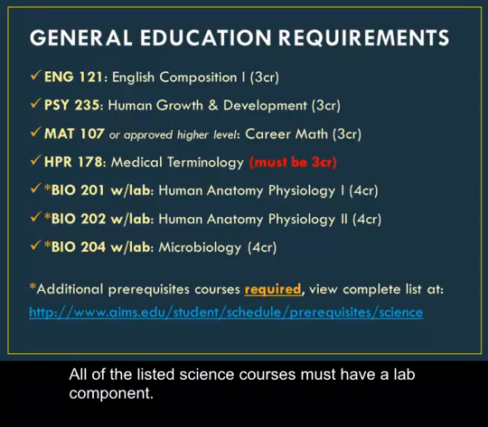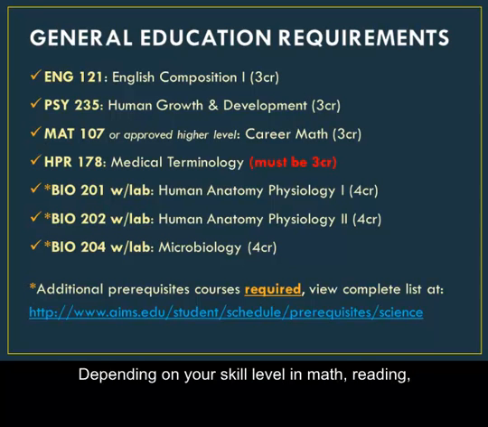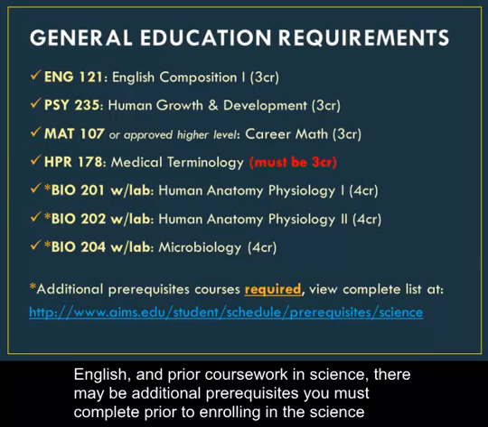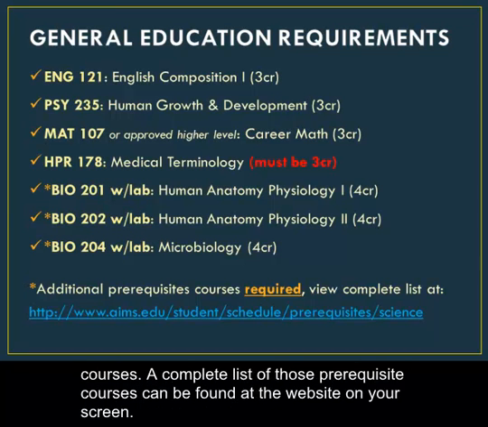component. Depending on your skill level in math, reading, English, and prior coursework in science, there may be additional prerequisites you must complete prior to enrolling in the science courses. A complete list of those prerequisite courses can be found at the website on your screen.